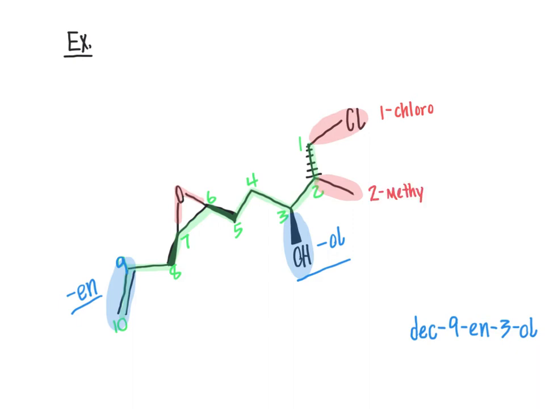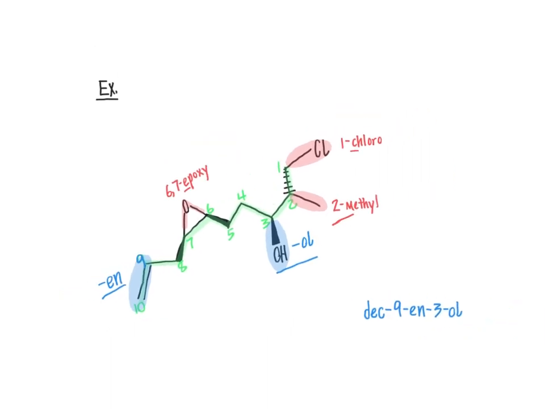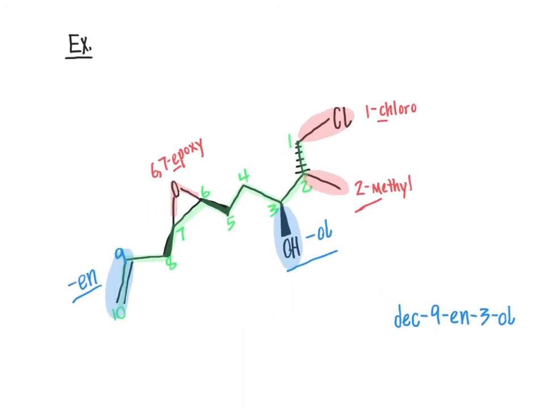So we're going to have 1-chloro, 2-methyl, and then 6,7-epoxy, because remember that when we're naming epoxides, we name them based on both of the locations where the oxygen comes off of the chain. Listing these in alphabetical order, chloro is going to come first, followed by epoxy, followed by methyl in this name.